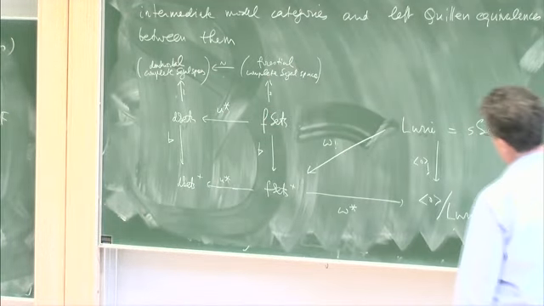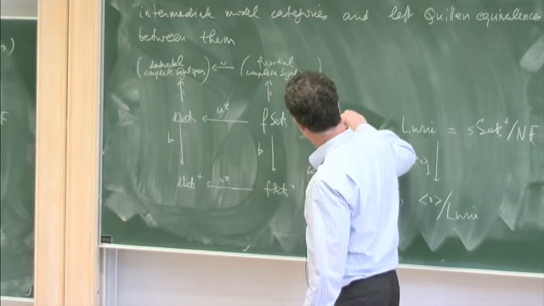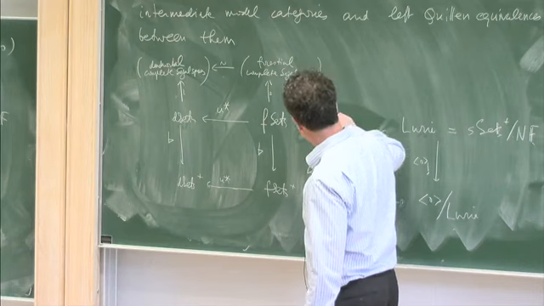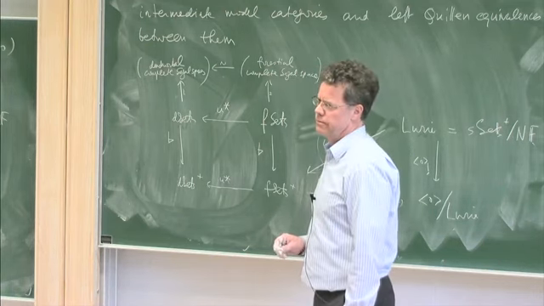Okay, and then the work, which unfortunately I really do not have any time to explain, is to prove that these two functors are left Quillen.